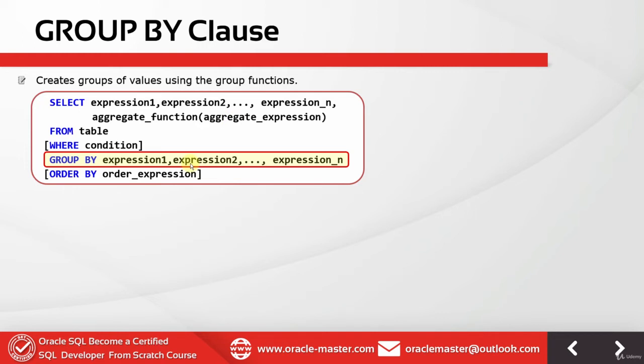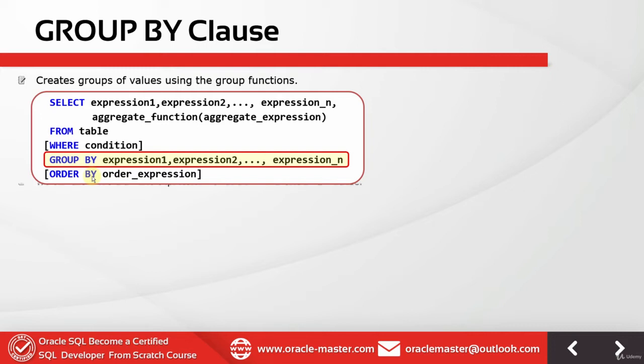I mean, the rows are grouped by the columns in the group by, and the aggregate functions perform operations on these grouped rows, so they don't need to be grouped. We just need to write the expressions that are not encapsulated within an aggregate function in the group by clause. Of course, we can write it also, but that is not necessary. And lastly, we can write the order by clause if you want to sort the result.